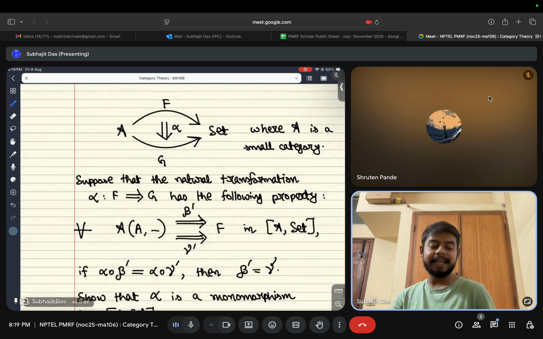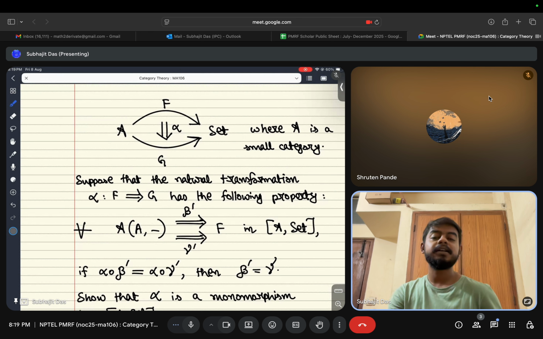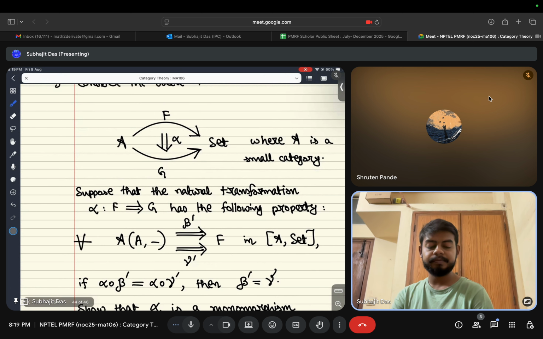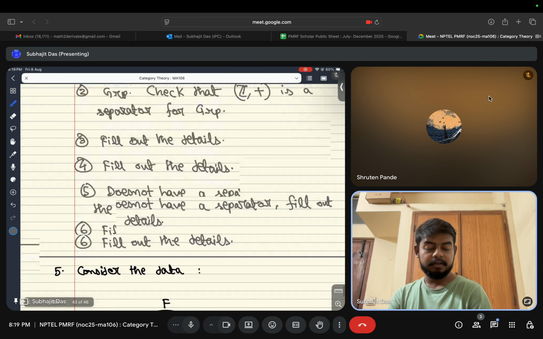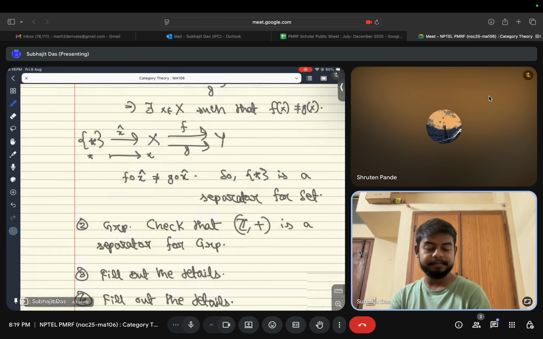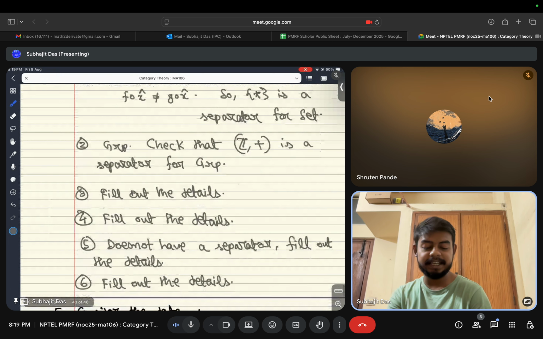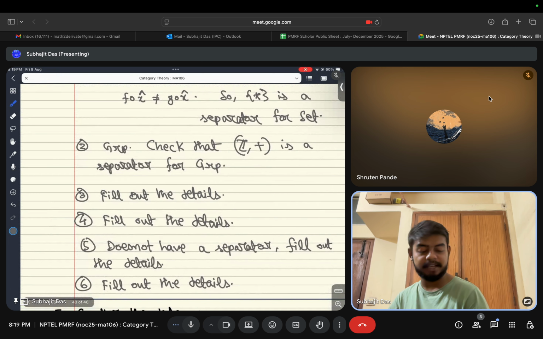So in the category of functors from A to set, we can characterize monomorphisms in this alternate way: just look at maps out of representables. Check the left cancelability property. If that holds, then the arrow will be a monomorphism. We'll stop here and try to fill out the details in 3, 4, 5 and 6.